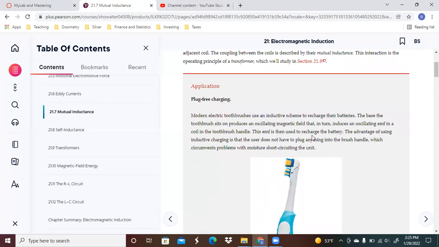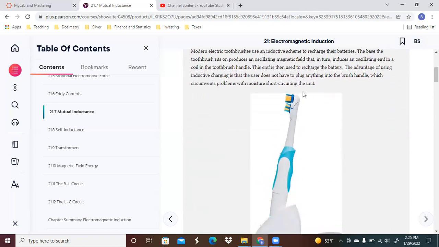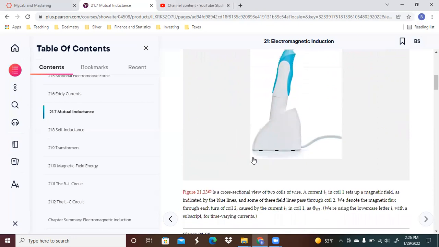This EMF is then used to recharge the battery. The advantage of inductive charging is that the user does not have to plug anything into the brush handle, which avoids the problem of moisture short-circuiting the unit, since you use water with these toothbrushes.